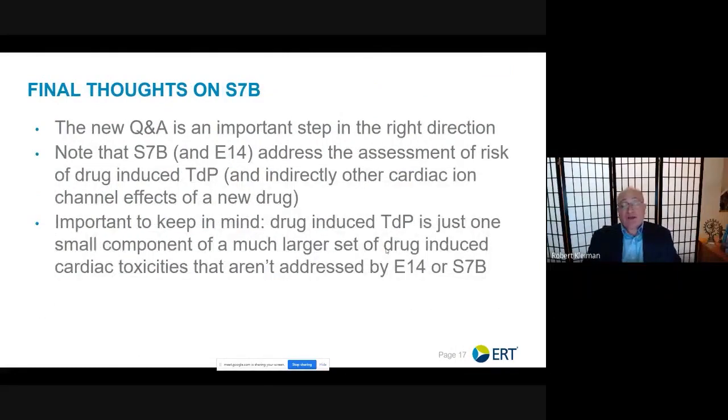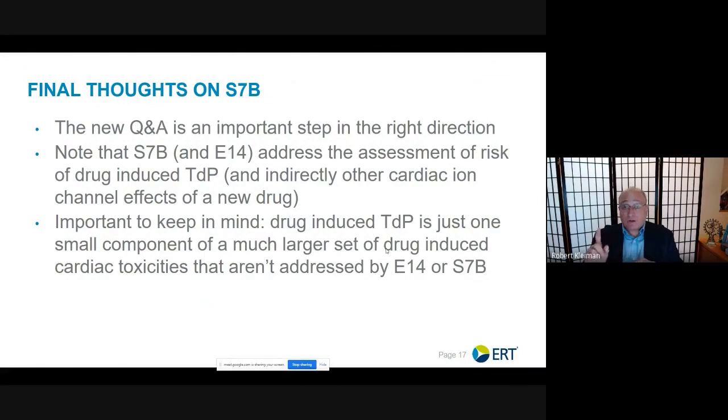So my final thoughts on S7B are, this is a very important first step, and we should all congratulate the working group for doing this. And finally, remember, E14 and S7B specifically are addressing the risk of drug-induced torsade, and indirectly other ion channel effects.